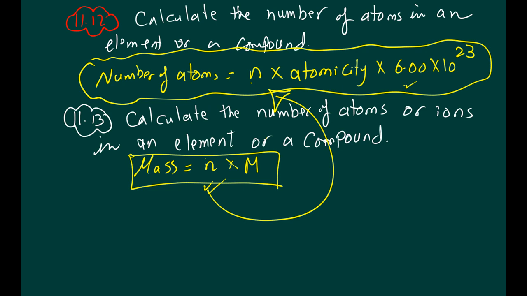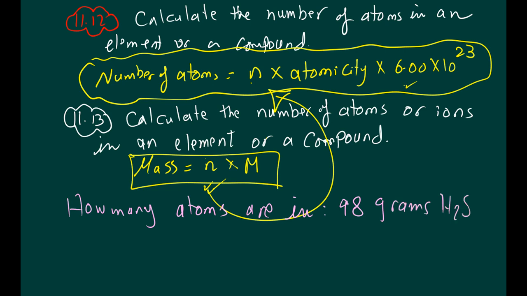Let's take an example. How many atoms are in 98 grams sulfuric acid? You should first convert grams into moles. So the moles of sulfuric acid equal mass divided by the molar mass, which is also 98. So we have 1 mole.